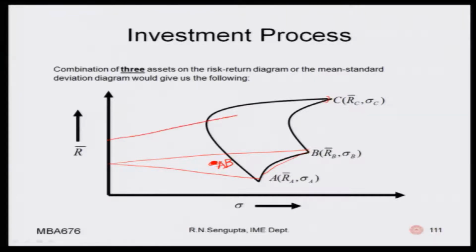Again, if you combine them using the same formula, we will now have a curve which is C1, AB and C, and the initial graph which we had was A, B and C2. So, I am making a difference, this is C2.